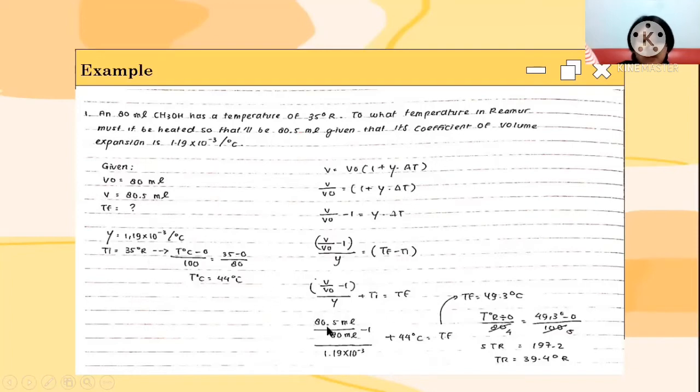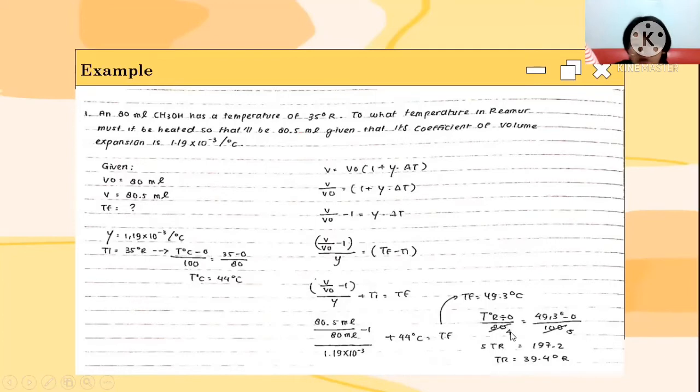Now, with this formula, we will find what is the final temperature. So, insert the numbers once more: 80.5 over 80, minus 1, over 1.19 times 10 raised to negative 3, plus 44, and the final temperature would be 49.3 degrees Celsius. But it was asked in what temperature in Reaumur, so we have to convert it back again. So T degrees Reaumur minus 0 over 80 is 49.3 degrees minus 0 over 100.